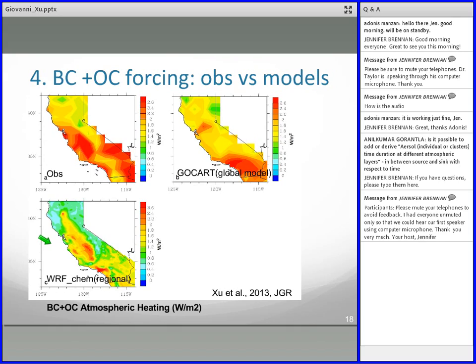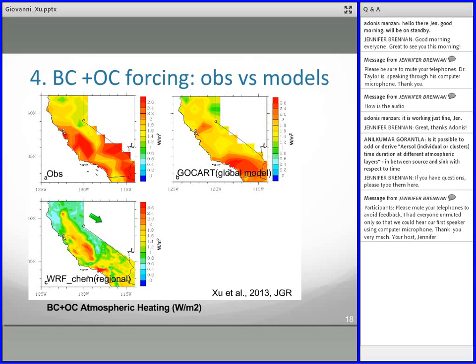We can see that even over the California region, the difference between the observational methods and the models is still large, and both models can capture the spatial distribution to some extent, including the maximum value in the Central Valley and the maximum value in the coastline cities like LA and the Bay Area.